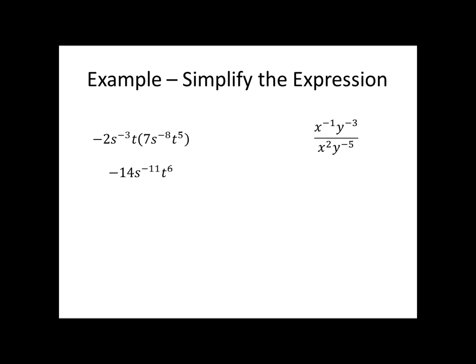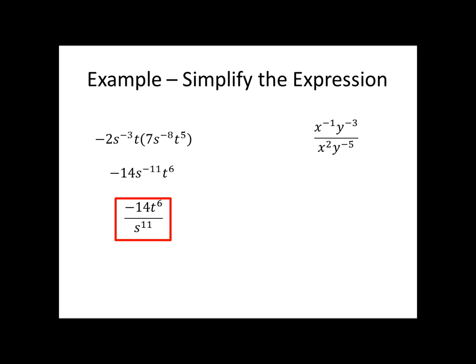T times t to the 5th, we add the exponents, we get t to the 6th power. The only thing to fix here is the negative power. We don't like those. So we're going to push the s down to the bottom of the fraction, leave the -14, leave the t to the 6th power. Just move the s term, and now the power is positive.